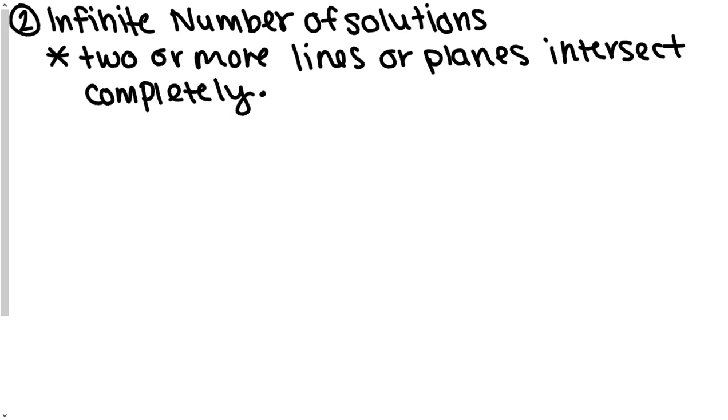I don't know how else to explain it other than they either intersect to form a line, which is an infinite solution, not a point. A point is a single, one solution. Or the three planes lie right on top of each other, just like that case where you have two lines. The equations look different, but when you graph them, they actually are the exact same graph.